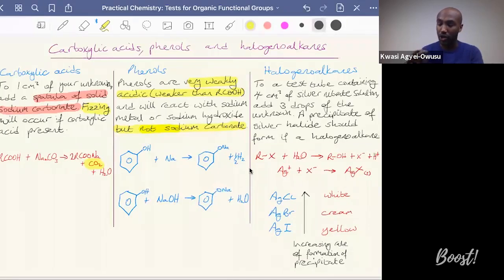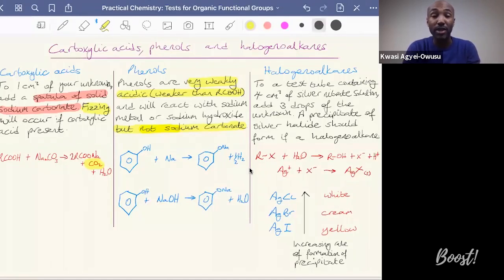So if you had 2 unknowns and you were told one of these was a carboxylic acid and the other was phenol, what you would do is use sodium carbonate to discriminate between the 2. The carboxylic acid would react with sodium carbonate. The phenol will not react with sodium carbonate.